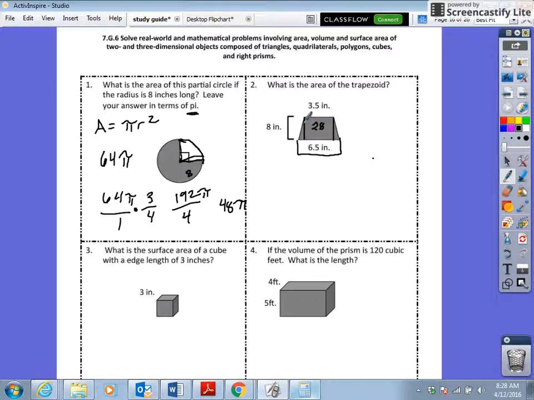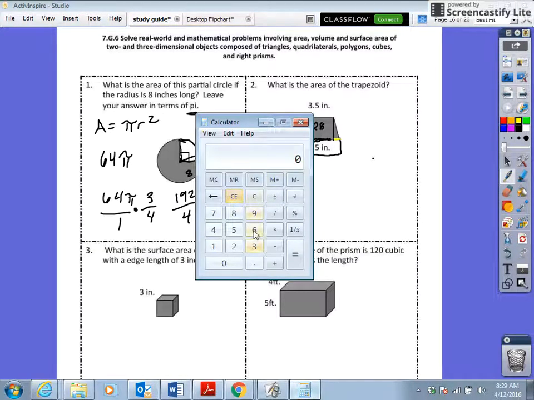Now I'm going to find the area of these little triangles. So I know that 3.5 and 6.5, I already used up this part right here. I don't want to know this part anymore. I only want to know these little bitty parts on the sides. So I'm going to subtract 6.5 minus 3.5 equals 3.